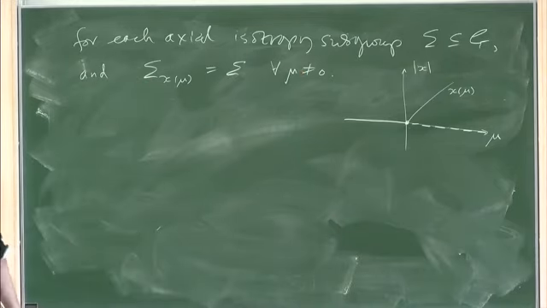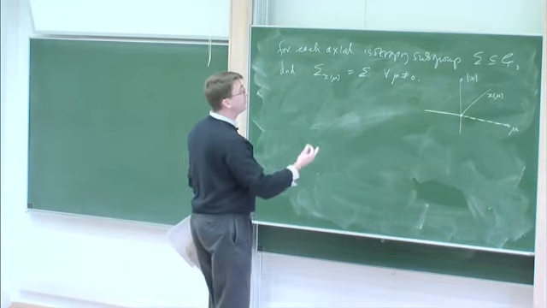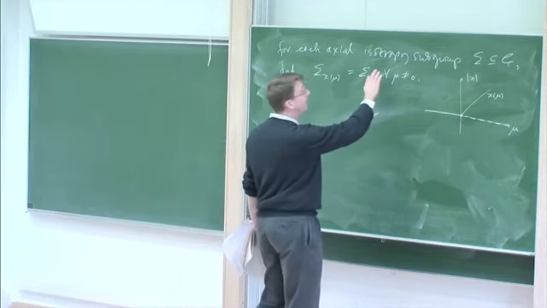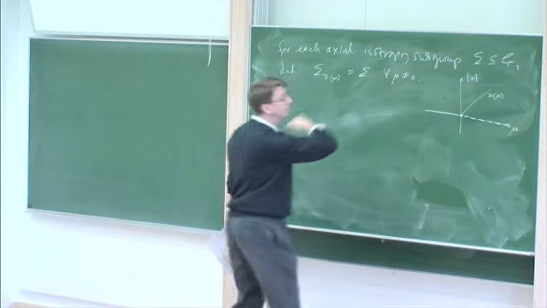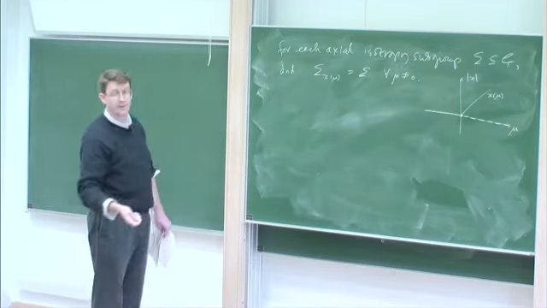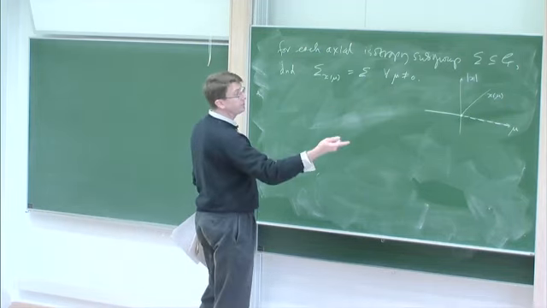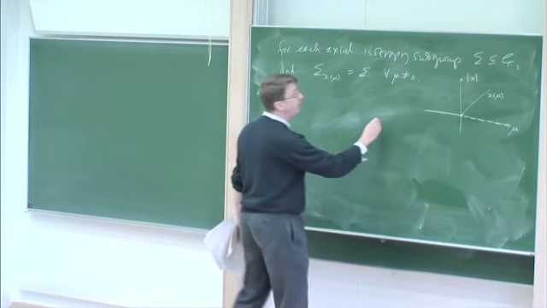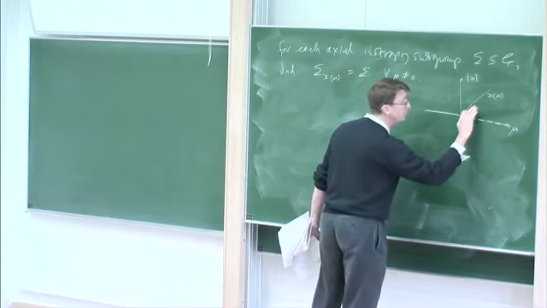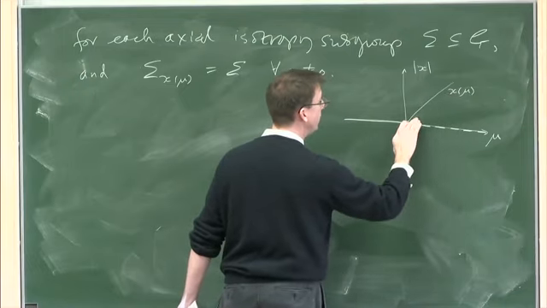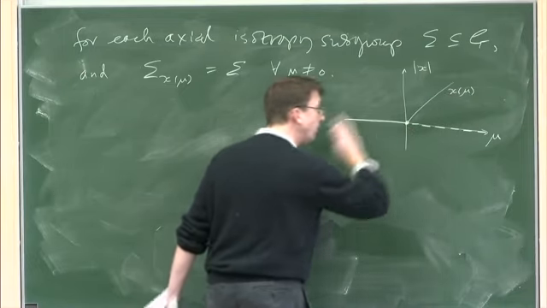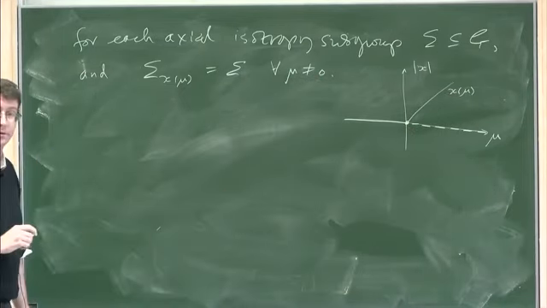So if I start with a group G and an absolutely irreducible representation, I can then try and identify axial isotropy subgroups, that is, isotropy subgroups that have one-dimensional fixed-point subspaces. And the equivariant branching lemma guarantees the existence of a new curve of equilibrium solutions coming out of my bifurcation point at the origin.